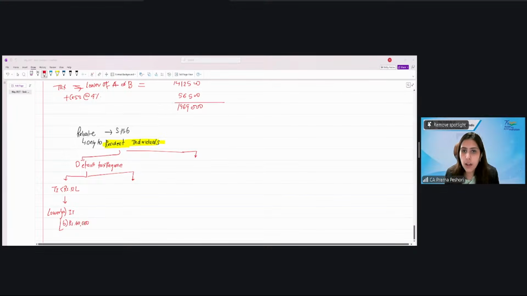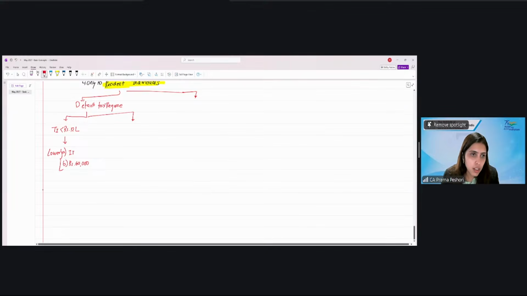So let us say, for example, there is a resident individual who has a total income of 10.50 lakh. What will be the tax on this?